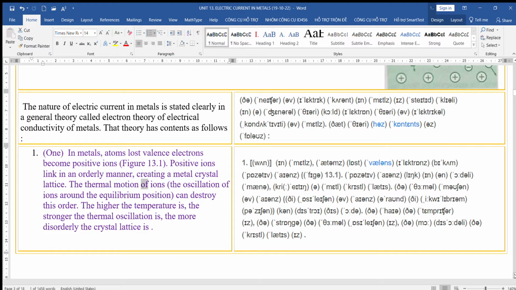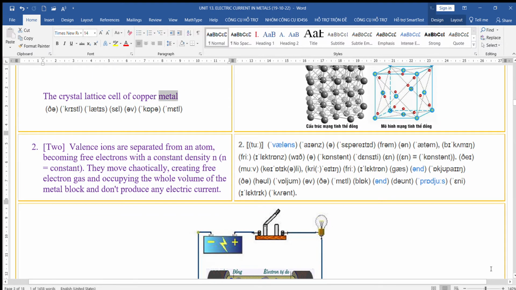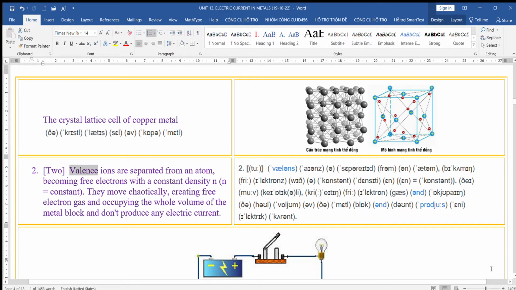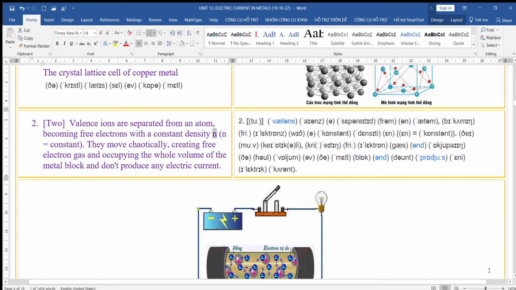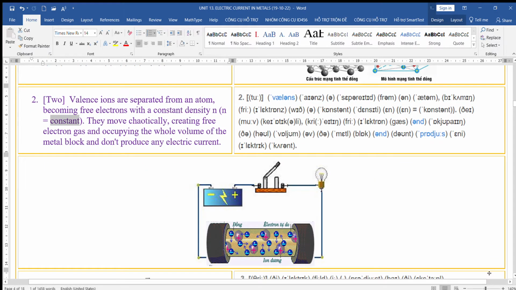The thermal motion of ions, the oscillation of ions around the equilibrium position, can destroy this order. The higher the temperature is, the stronger the thermal oscillation is, and the more disorderly the crystal lattice is. The crystal lattice cell of copper metal. 2. Two valence electrons are separated from an atom, becoming free electrons with a constant density n = constant.